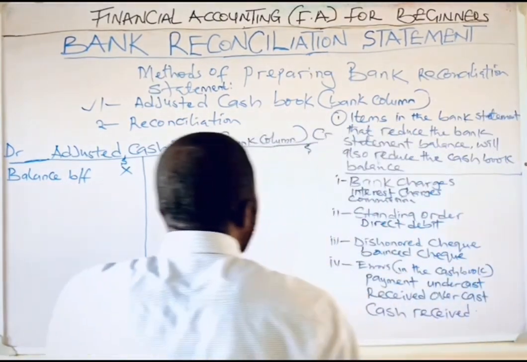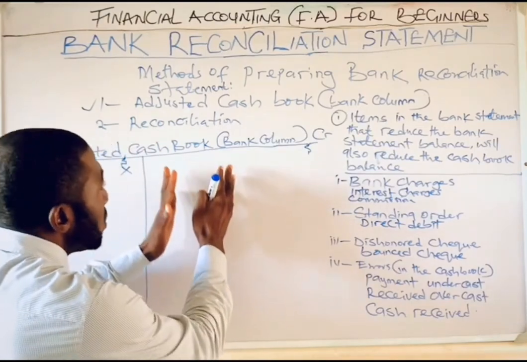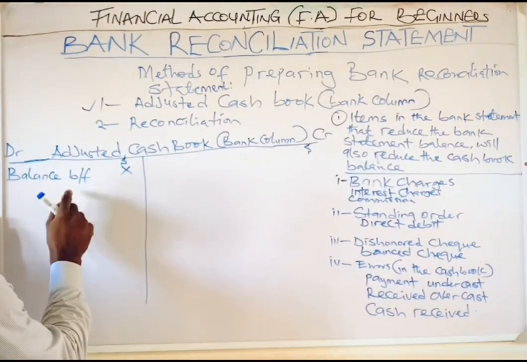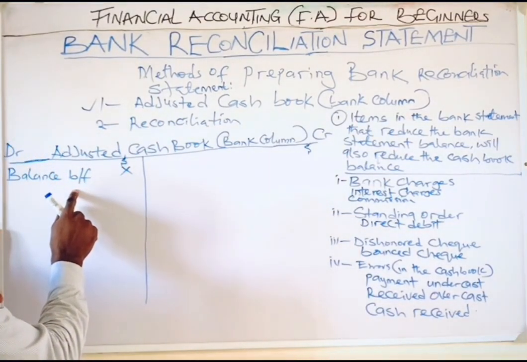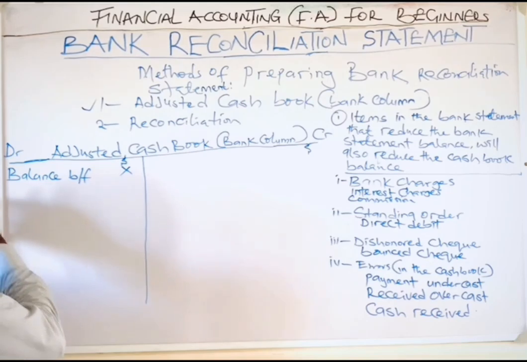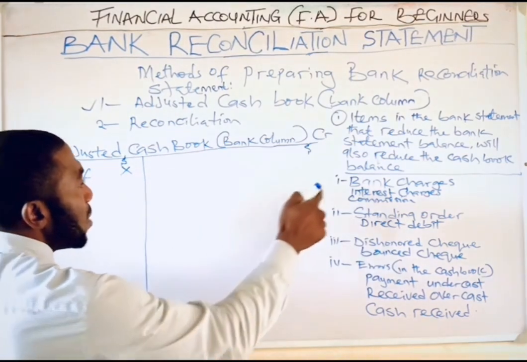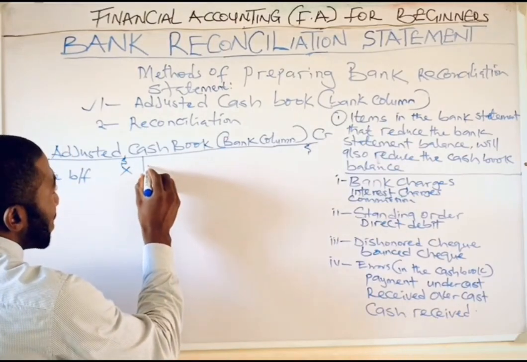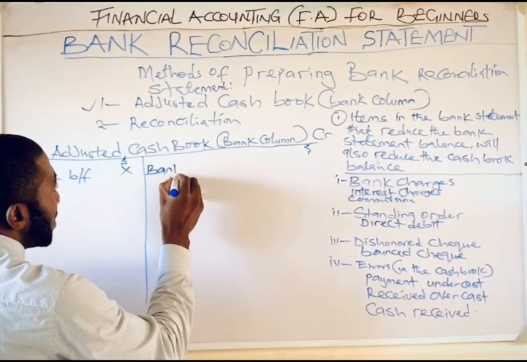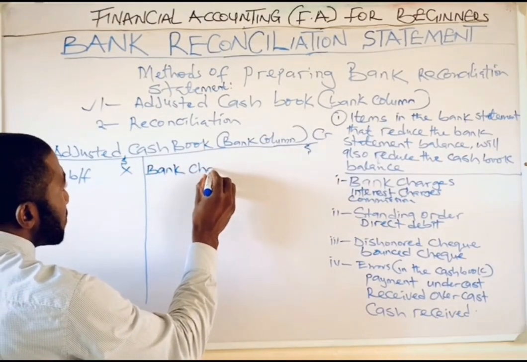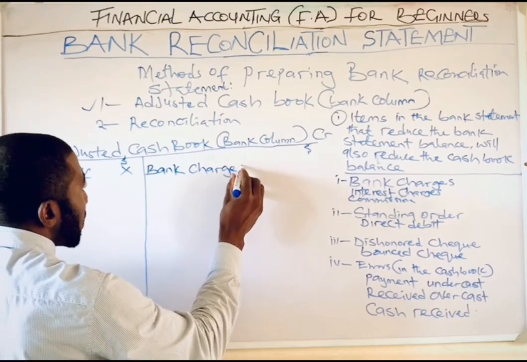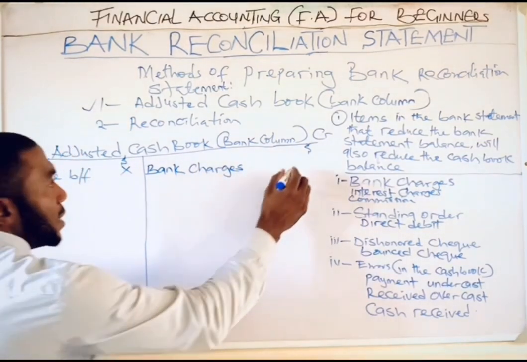So the remaining thing now is for you to come and put it so as to affect the balance of our cash book, that is the bank balance of our cash book. So let's do it. You say one, bank charges. You put it.